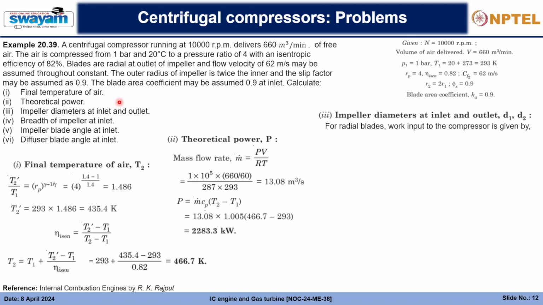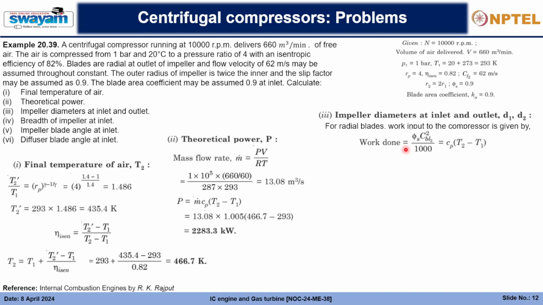Then the impeller diameters at inlet and outlet, D1, D2. For radial blades, work input to the compressor is given by work done equals phi s into CBL2 square divided by 1000. And what is phi s? Phi s is the slip factor that is assumed to be 0.9. You can see that somehow the fluid is slipping, and the whole impeller rotation is not being imparted to the fluid.